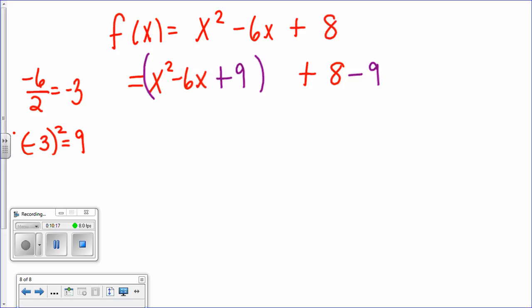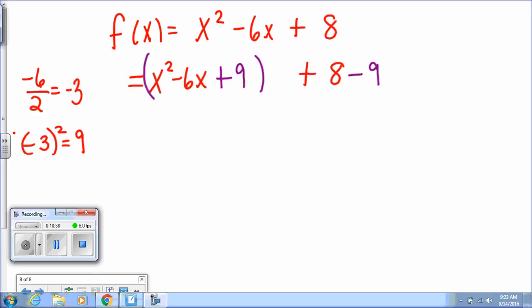So, at this point, I am going to factor that perfect square trinomial.